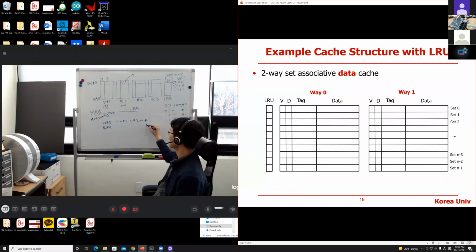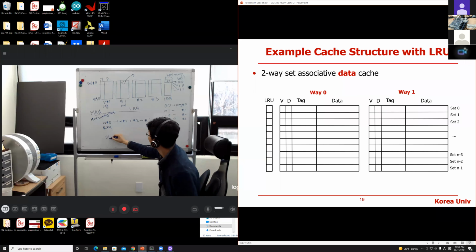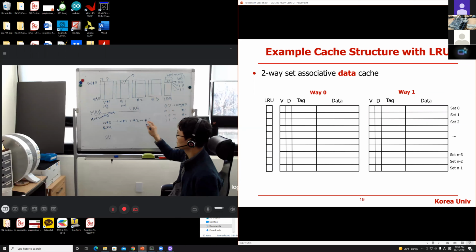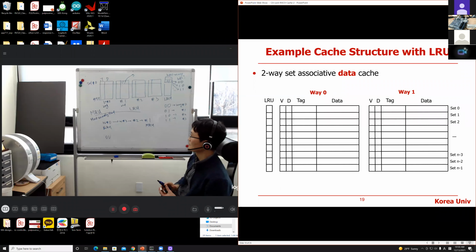So in this case, you have to say 00 for LRU. But by using only 2 bits, you don't know which one is the second LRU, least recently used. You see the problem, right?